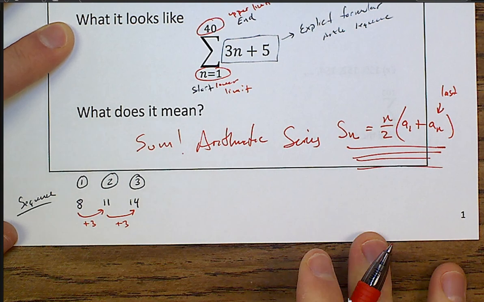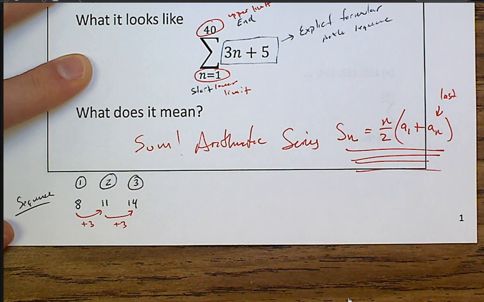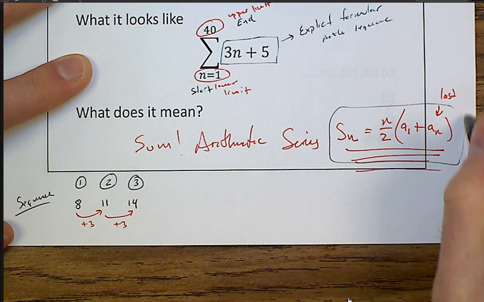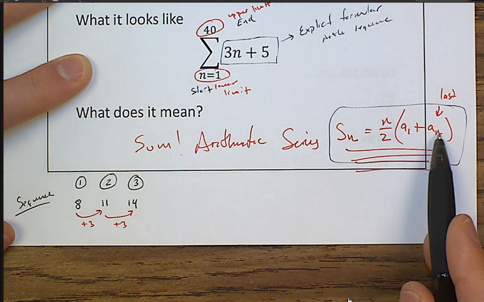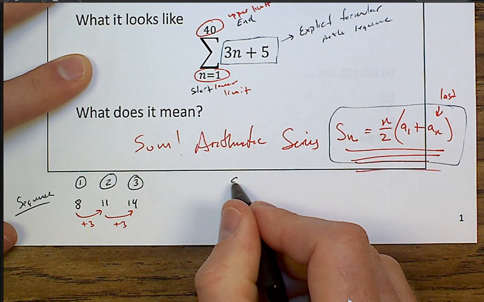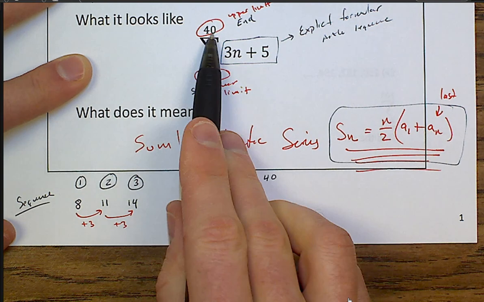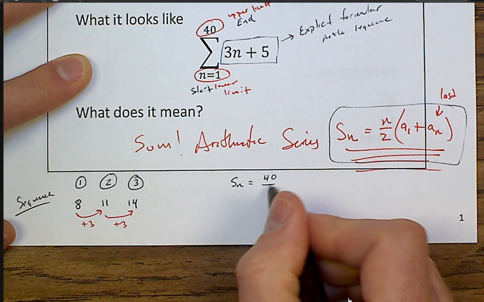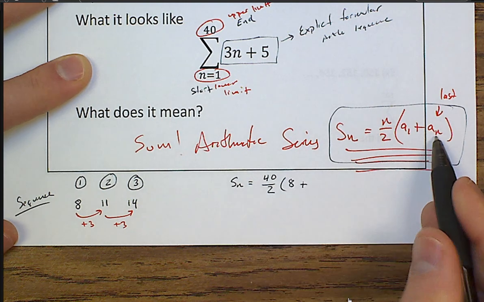Okay? So if I want to find the sum, what do we need? We need the first term, we need the last term, and we need the total number of terms. So if I start to fill in this formula, I know I have 40 total, because remember that's my upper limit, over 2, times my first term, which is 8, plus my last term, which I don't know.